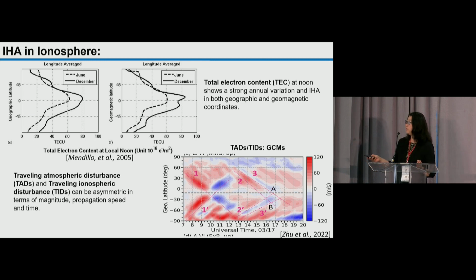First, the energy input in the high latitude may not happen at the same time, and the intensity of the energy input could be different as well. And meanwhile, when propagating to the middle and low latitudes, the background ionosphere-thermosphere condition could be different. This asymmetry of TADs and TIDs can cause a lot of variation or asymmetry in the ionosphere-thermosphere in the low and mid latitudes. I think Qingyu is going to talk more about that in his part.